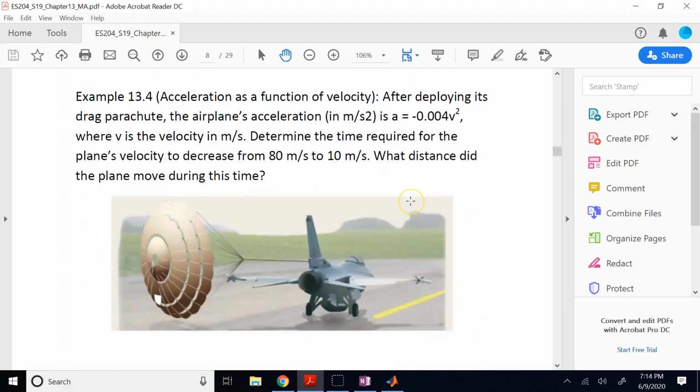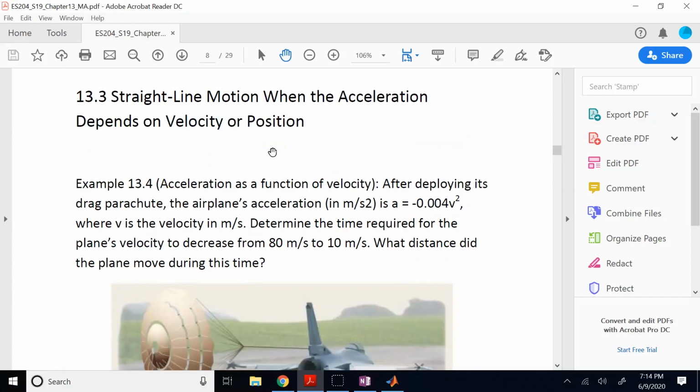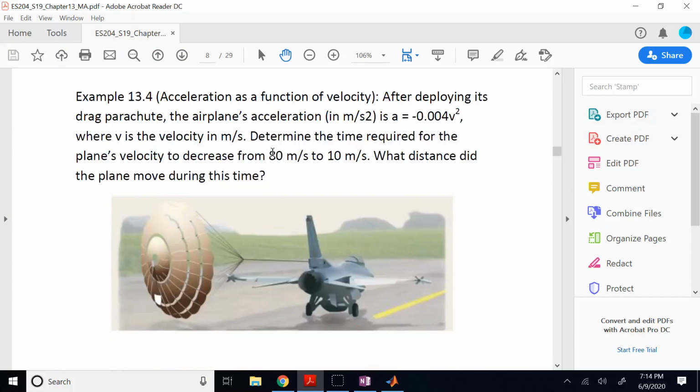Let's look at this example 3.4, and this is where you have to solve differential equations directly. So when an airplane is landing, because it is really fast, to shorten the distance it needs to stop or reduce its speed, they also apply a parachute.